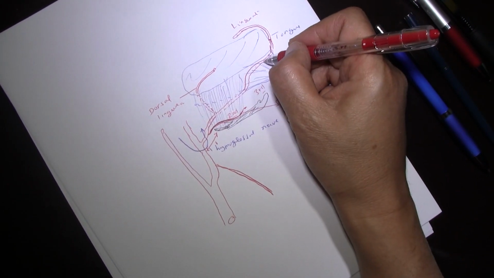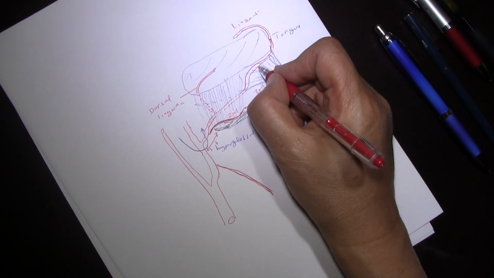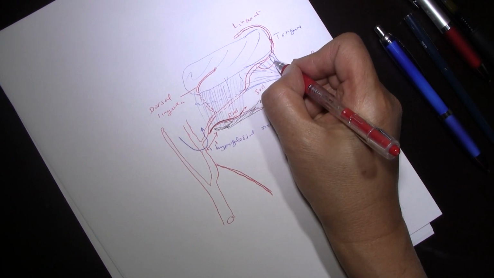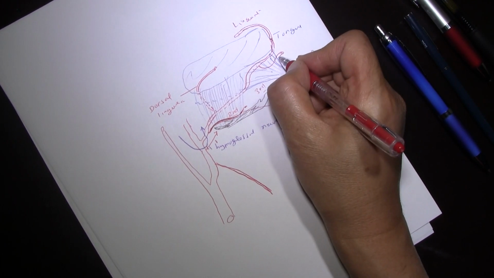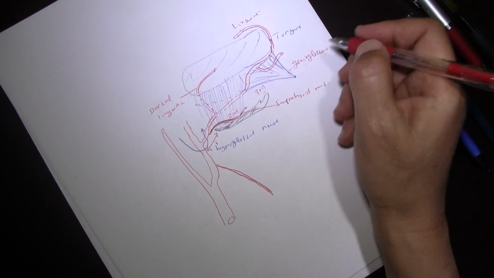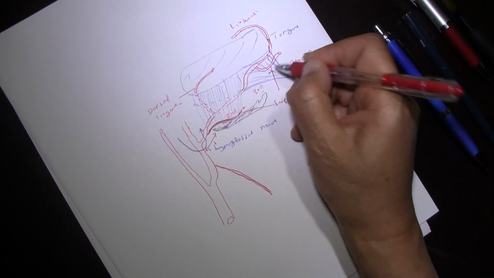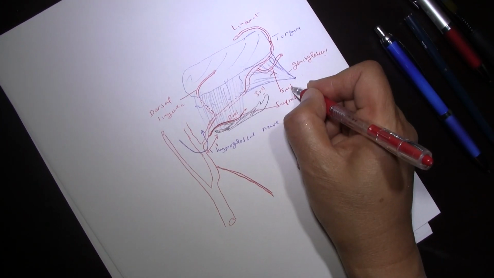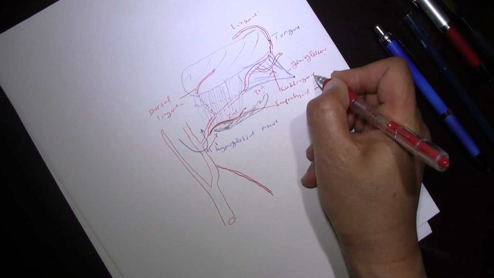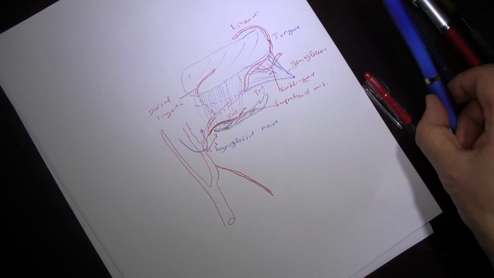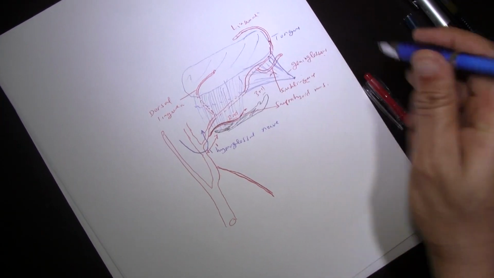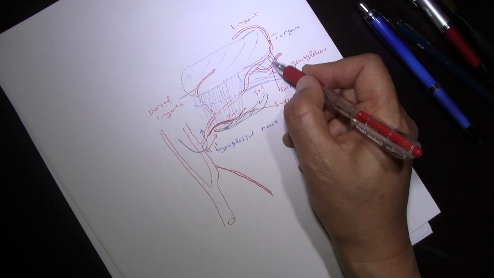The third part is going to send the important branch called sublingual artery. Sublingual. And I have to stop here at the sublingual because it is a very important artery. The sublingual, from the name, is going to supply sublingual gland.